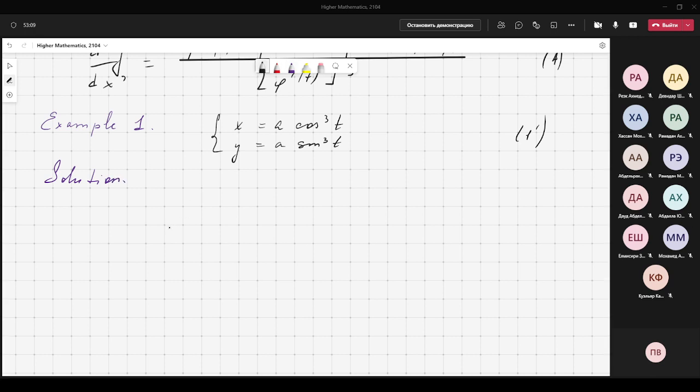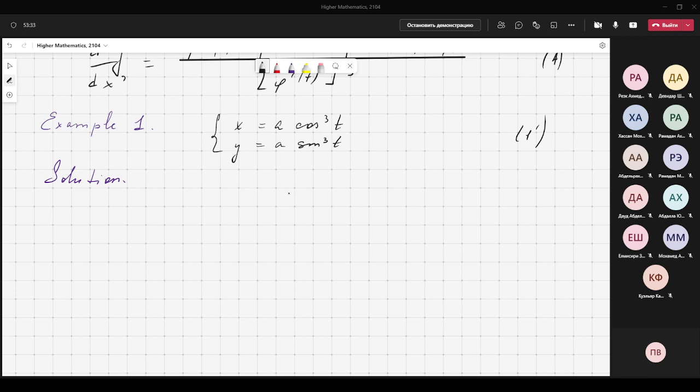The quantities x and y are defined for all values of t, but since the functions cosine cubed of t and sine cubed of t are periodic with period 2 pi, it is sufficient to consider the variation of the parameter t in the range from 0 to 2 pi.